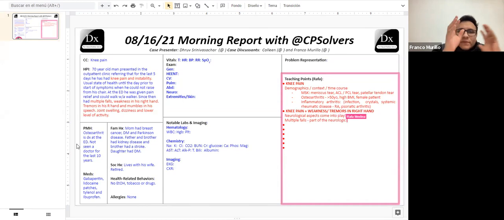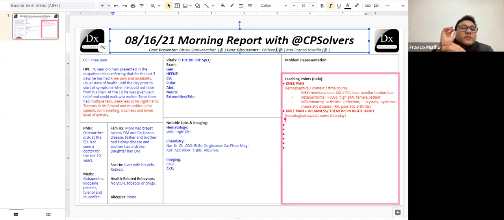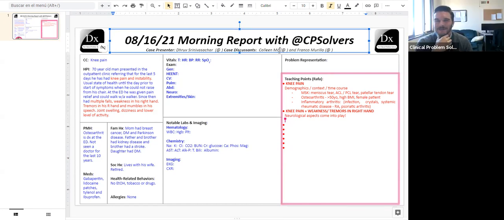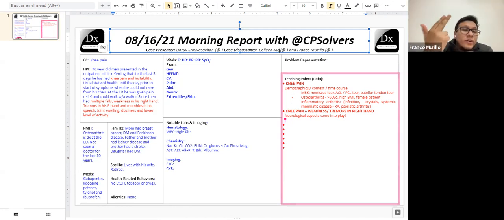So I'm trying to fit the multiple falls as an acute neurological process, plus the weakness in the right hand. Although the weakness in the right hand could also be, if there is swelling in the right hand and some nerve compression, a peripheral process of weakness. But there are multiple falls, weakness, and tremors, although they are also pointed in the right hand.